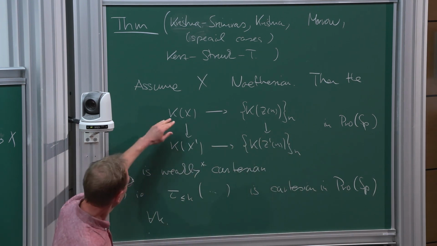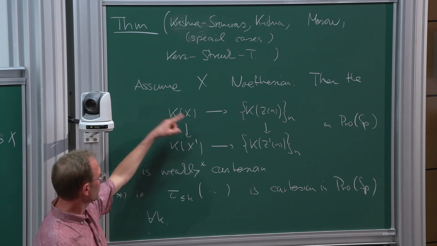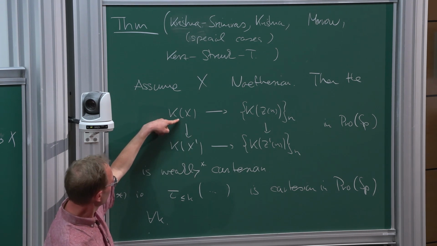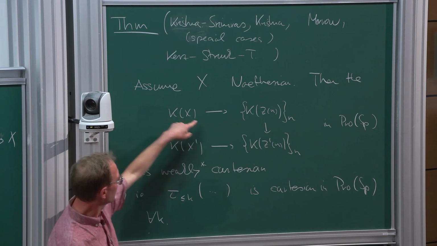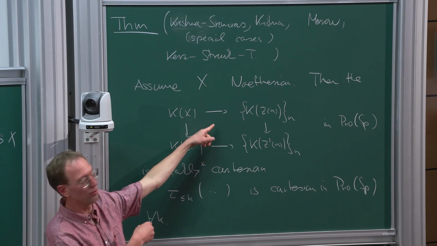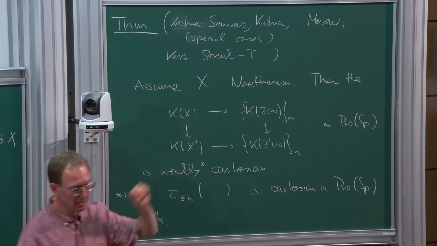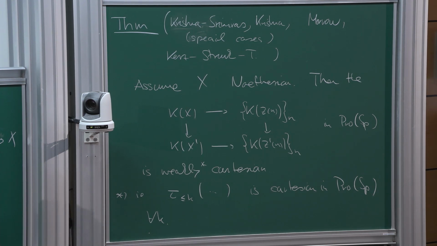Or you can also say, in particular, if you pass to homotopy groups, the map from this guy to the homotopy pro groups of this pullback here will be an isomorphism of pro abelian groups.